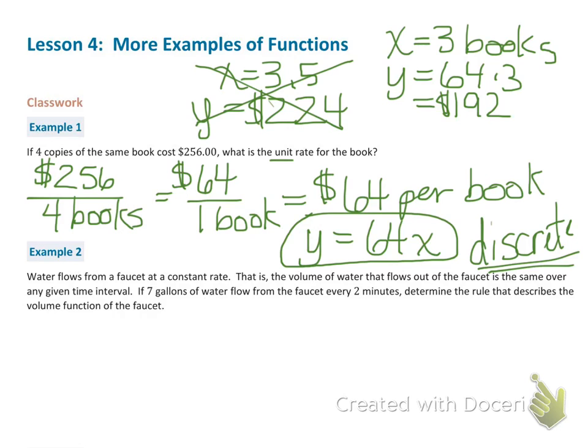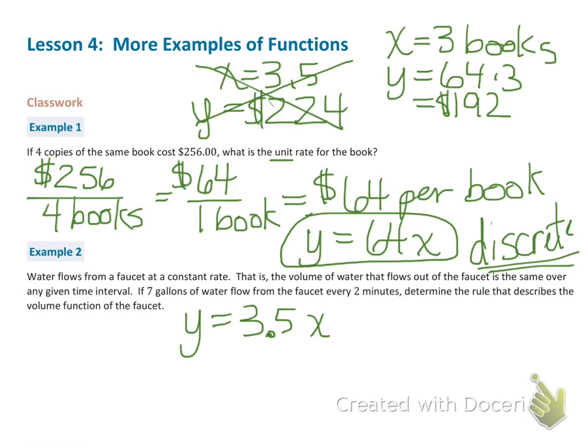And we did this, and we found that the function was y is equal to 3.5 times x, because 3.5 gallons of water flow out every minute. And so if we multiply that times the number of minutes, which is what x is, then we get the total volume y that comes out of the faucet in x minutes.